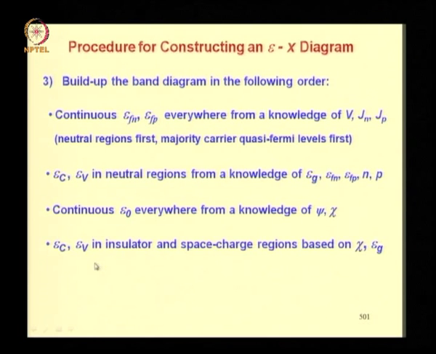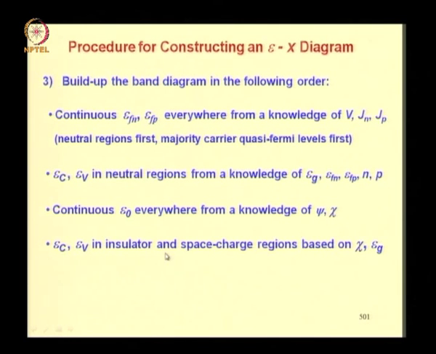Next step would be to sketch EC and EV in insulator and space charge regions based on electron affinity and energy gap. Finally, one can sketch other levels like EI, ED, EA, ET if required.